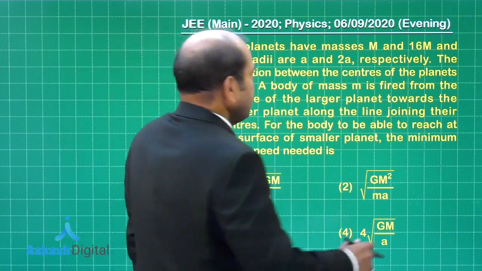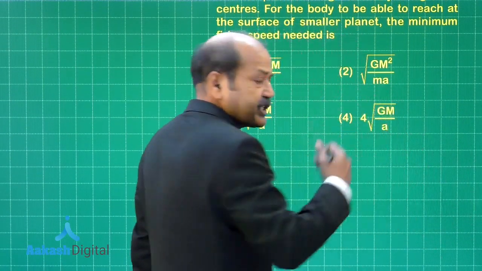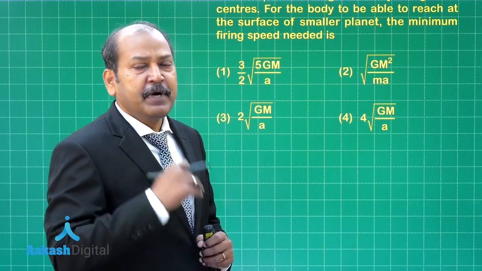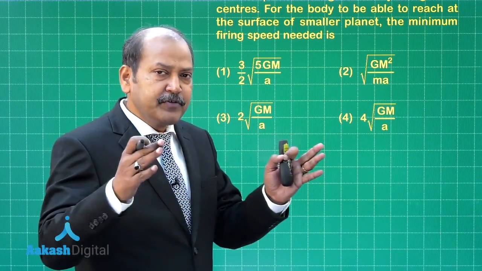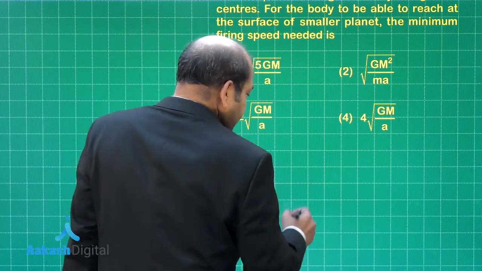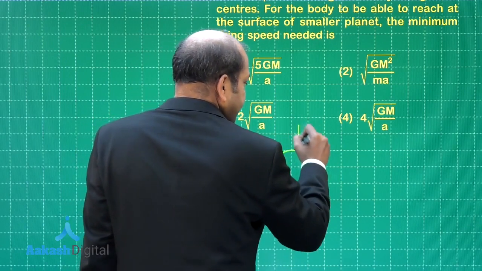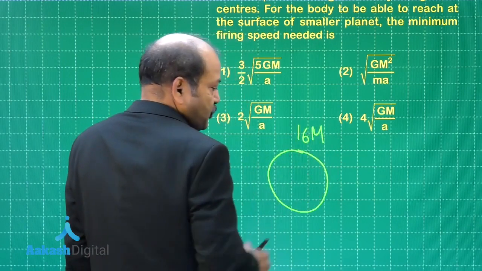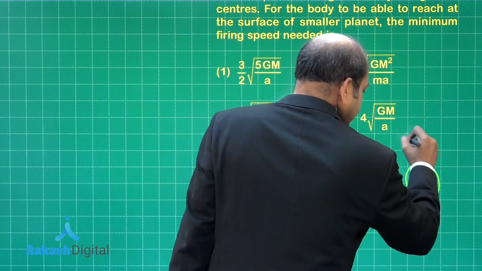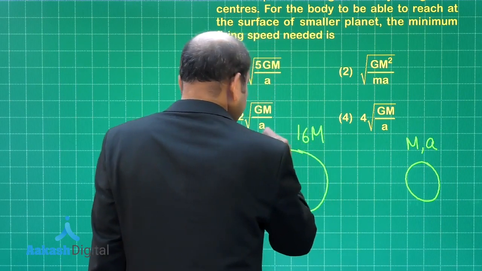Let us draw the two planets first of all. One has radius 2a, mass 16 M, the other has radius a and mass capital M. The separation between their centers is 10A according to the question. So, let us say that this is the larger one, its mass is 16 M, the radius is 2a, and let us say this is the other one, its mass is M and radius is a.